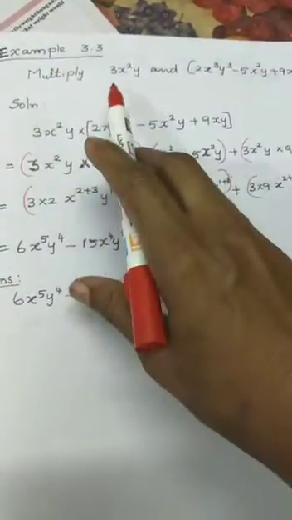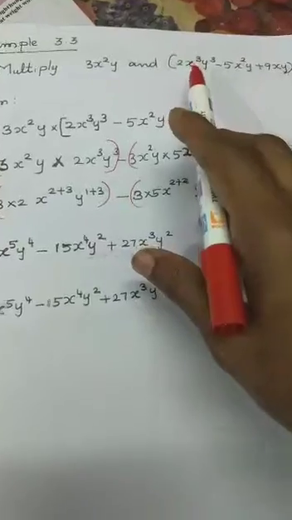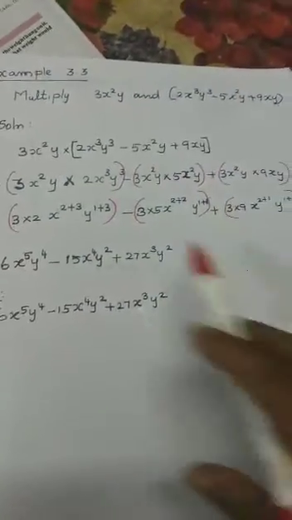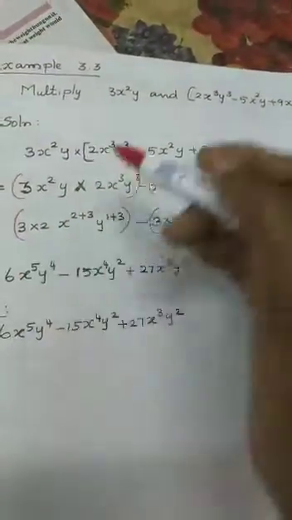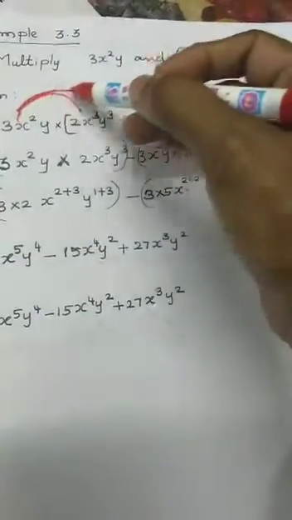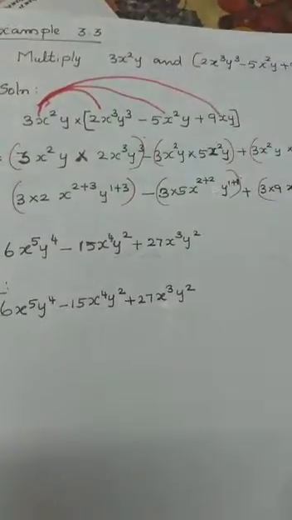Then example 3.3. Multiply 3x square y and 2x cube y cube minus 5x square y plus 9xy. Solution. 3x square y into this one. Now we have to multiply these two, minus these two, plus these two. Okay.